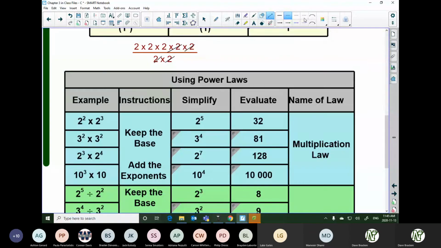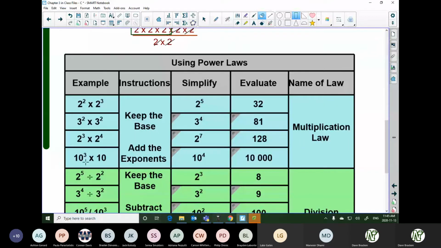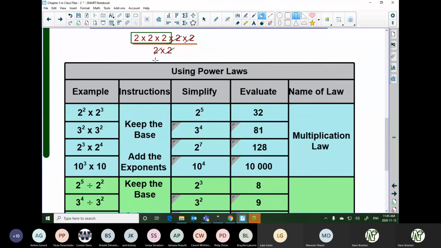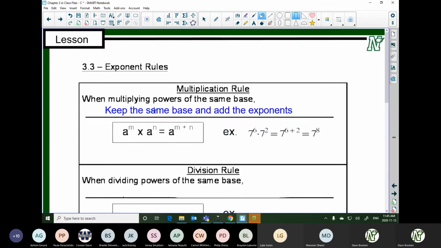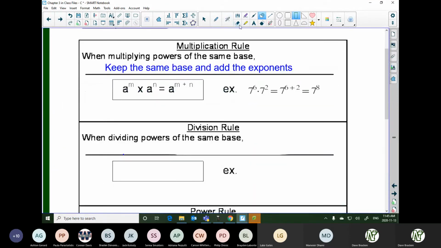And take a look what I'm left with after I divide those out. How many 2's are up in the top? There's just 3 of them. So after I divide those out, it's easy to see in this example how 2 to the power of 5 divided by 2 to the power of 2 just leaves us with 2 to the power of 3. That's all we have up top. So our rule for this, when we have our division rule, is this. Keep the base, but instead of adding the powers, we subtract.